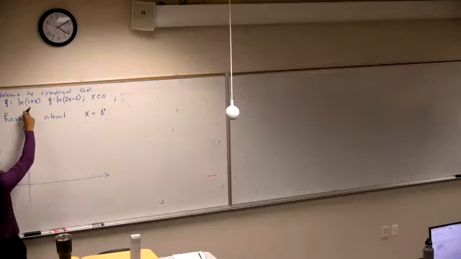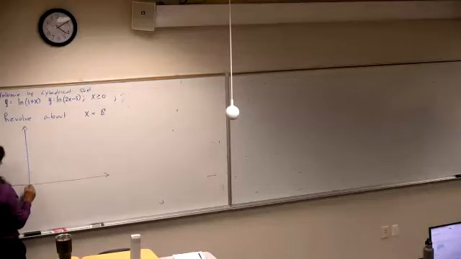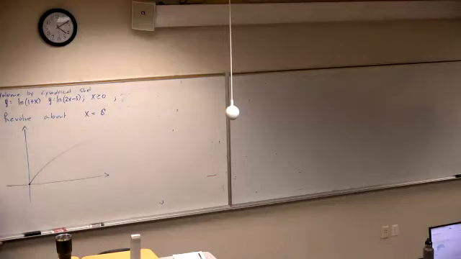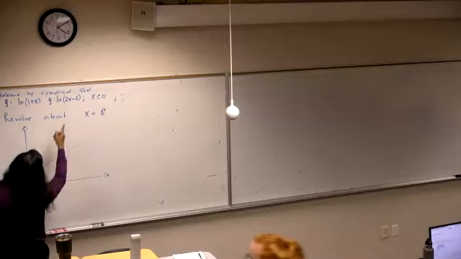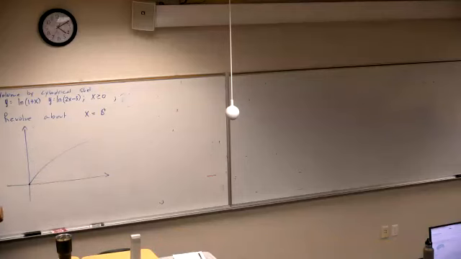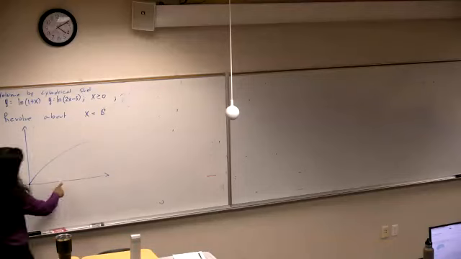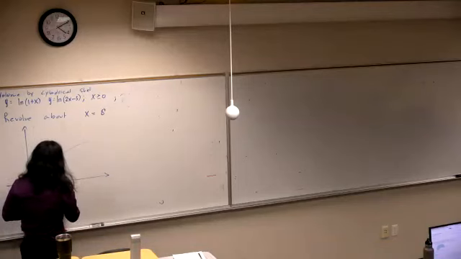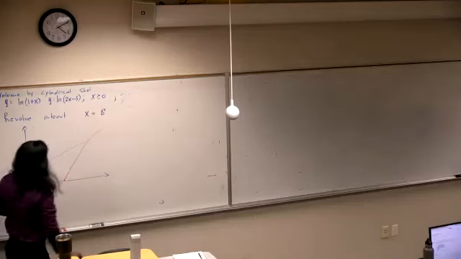Ln of 1 plus x. When x is 0, it's ln of 1, so start right here. It's going to go that way. And the other curve, ln of 2x minus 3, is not going to start until x is equal to 2, at which point it's 0. It's going to go that way.